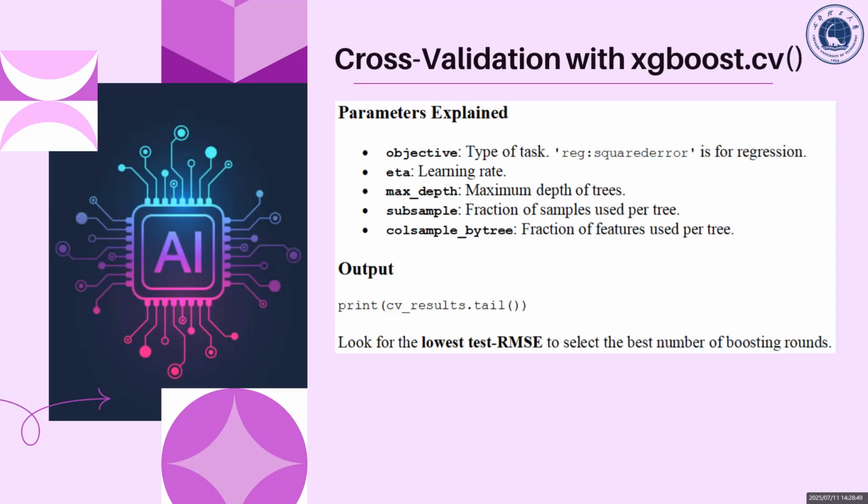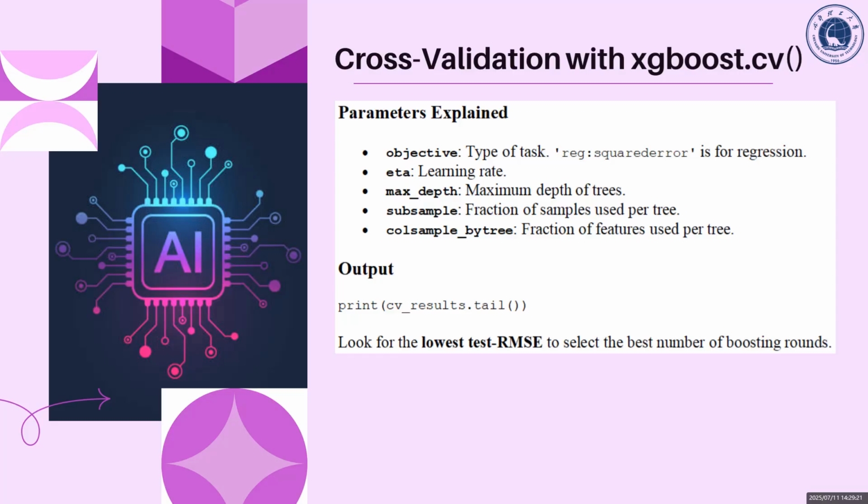We have the objective, which is the main target of the machine learning model, which is to reduce the difference between the actual and the predicted using the loss function, which is nothing but the squared error, okay, for regression tasks. Then we have the learning rate that controls the learning process of the model, which is nothing but the step size. And then we have the maximum depth, which is chosen to control the depth of the trees.